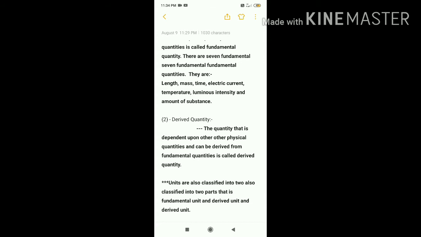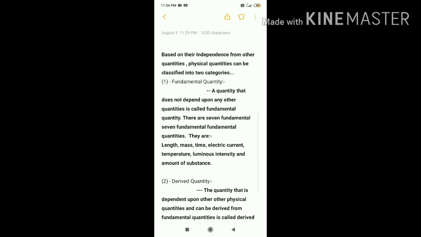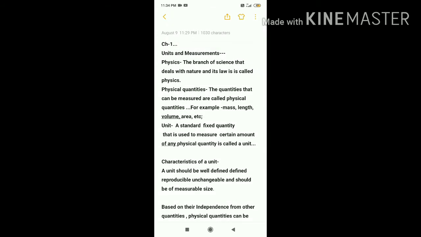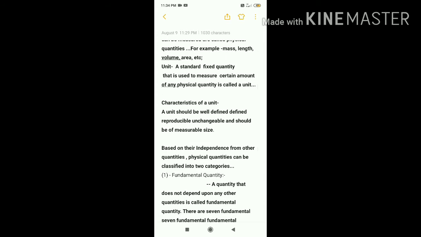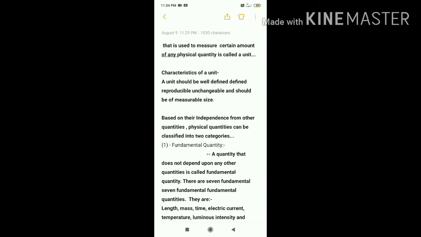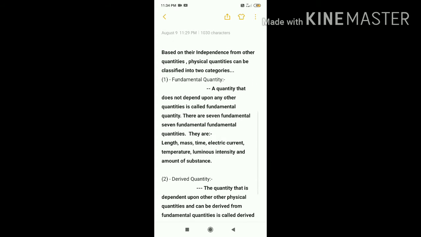Now let's look at units. Units are also classified into two types. First of all, see the definition of unit. A unit is something that is used to measure a fixed amount of fundamental quantity. With the help of units, we can measure a certain amount of fundamental quantity with a fixed value.